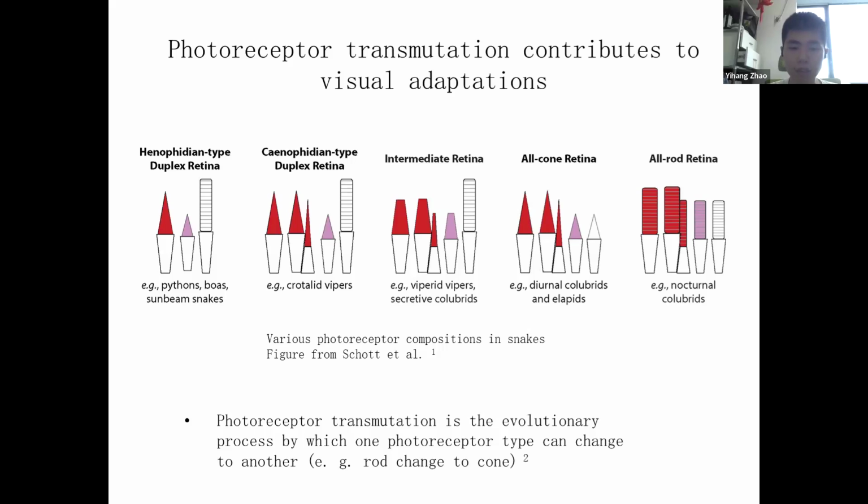So it is believed that this diversity of photoreceptor composition in snakes is caused by something termed photoreceptor transmutation, which is the evolutionary process by which one photoreceptor type is converted to another. For example, rod converted to cone, or cone converted to rod.